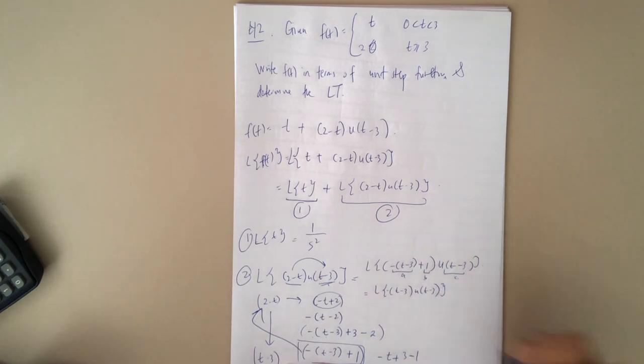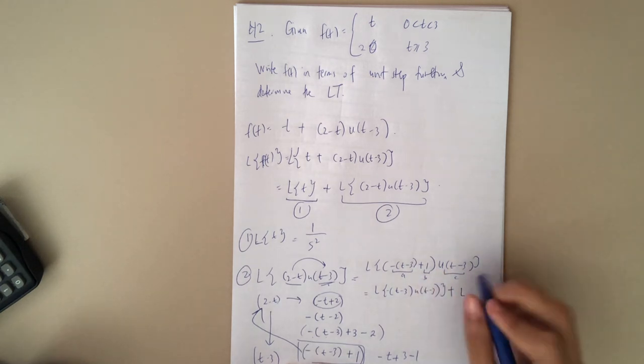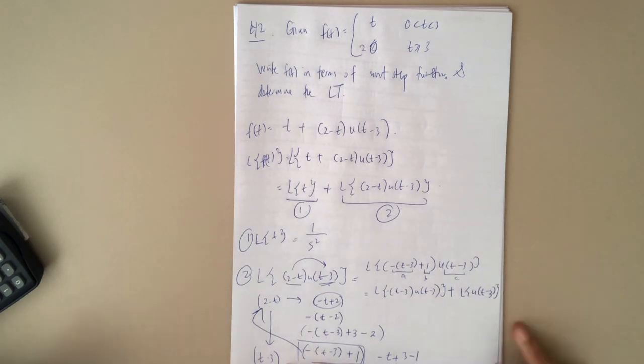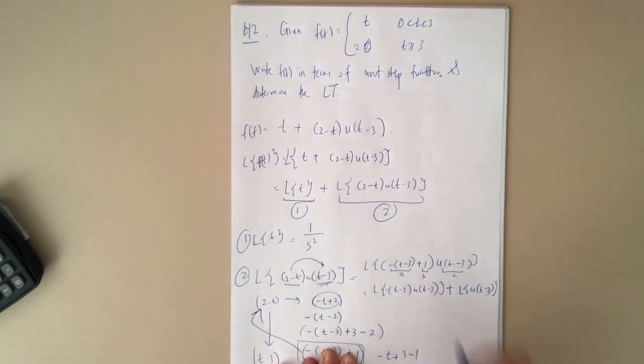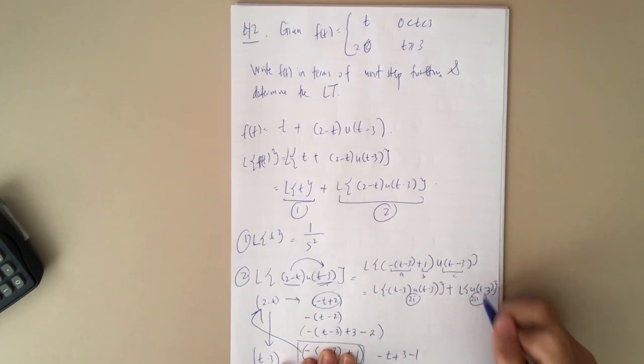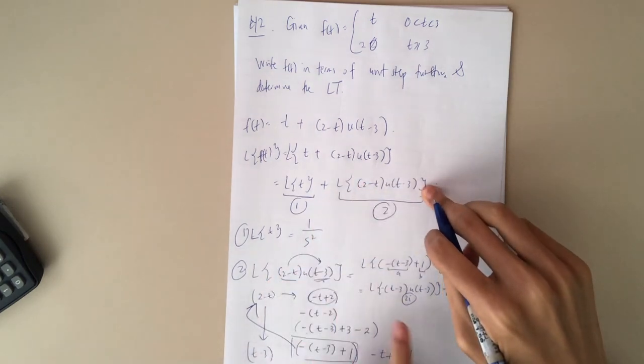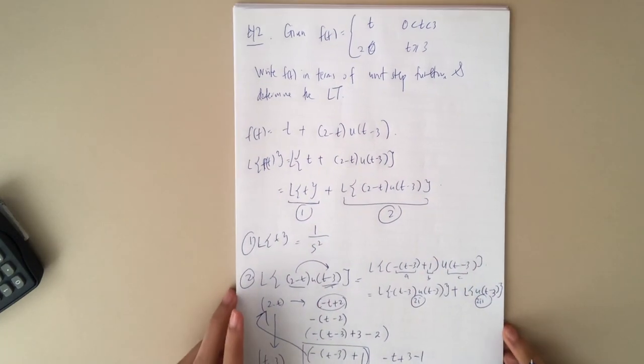You can close the bracket first and then plus B times C, so you have u(t minus 3). This is the first Roman numeral and this is the second Roman numeral, because it's from 2 just now. From 2 you already split into another two equations.